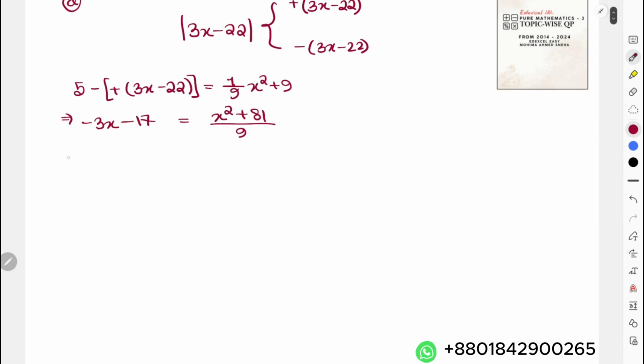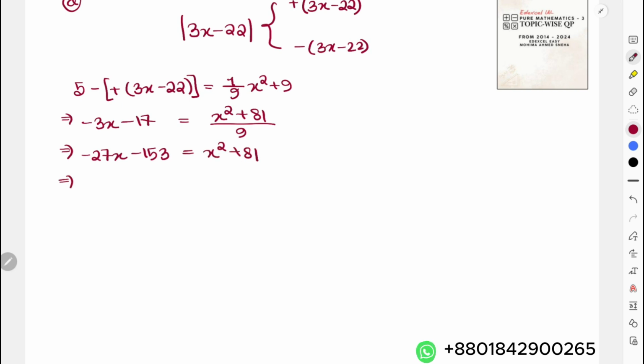So you take this 9 to the left hand side, and you end up getting minus 3 with 9, and that is 27, and 17 with 9, that is 153, and x square plus 81.